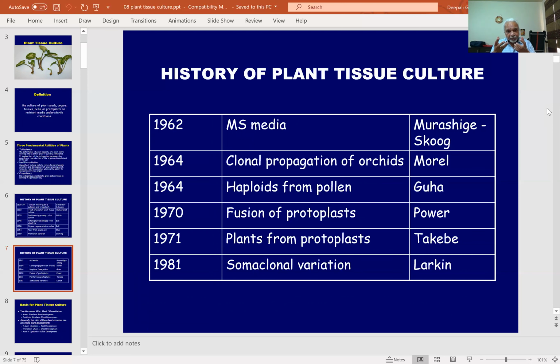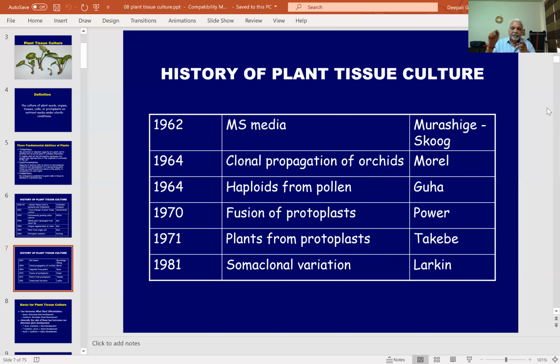So this kind of work was done in the 70s of the last century, and then plants could also be regenerated from protoplasts. So plants could be regenerated from a single cell, the whole plant, from protoplast to cell to whole plant.